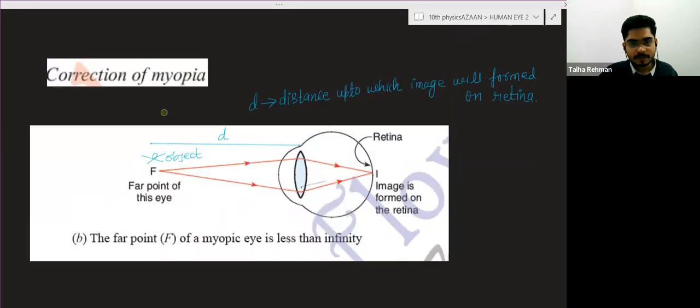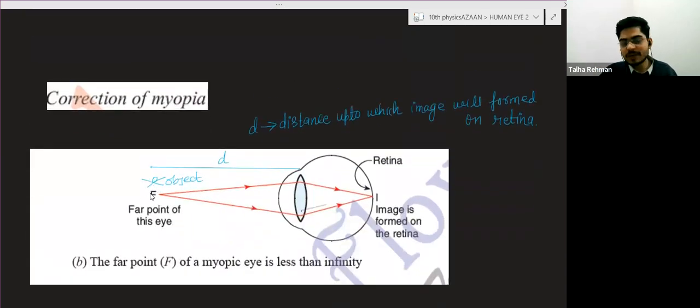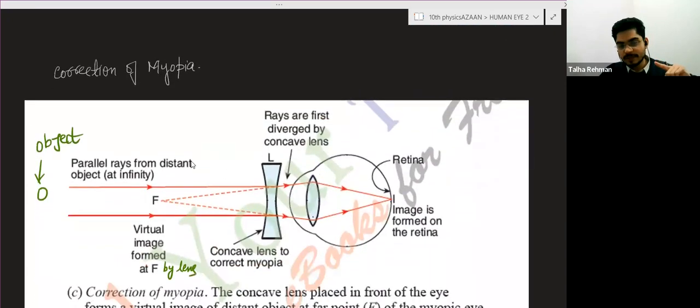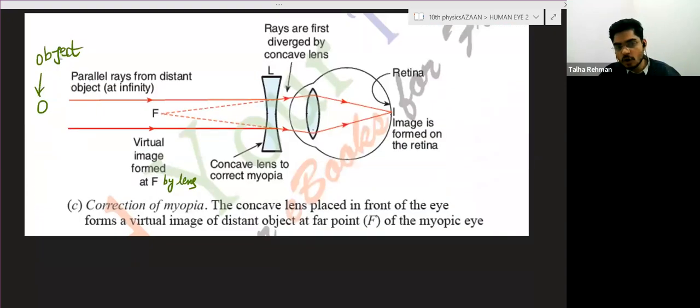Now see here, if the object is at F in case of myopia, then the image will form on the retina and the eye can see the object clearly. So here will be the image at F.